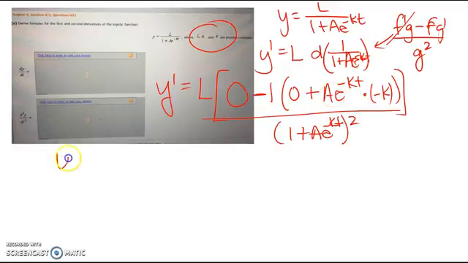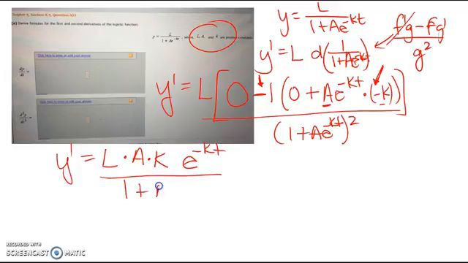Okay, so here's what we got. The first derivative: I have a negative here and here, so this is going to be a positive. I have an L, an A, and a K. So L times A times K, e to the minus kt over 1 plus A e to the minus kt squared.